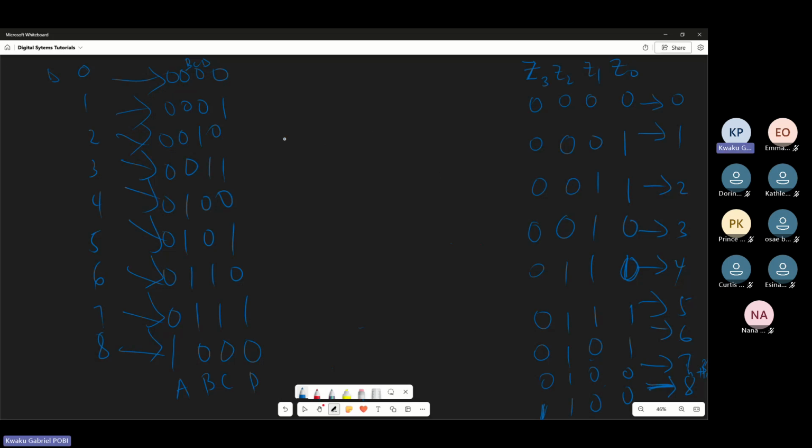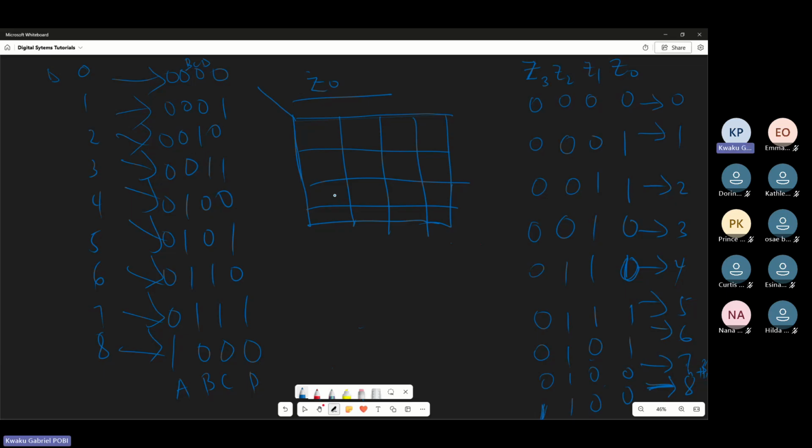Good. So here, if let's say you want Z0, Z0 will be actually a 16-cell K-map, or let me say a 4-bit K-map. But the rest, we don't know, so we can use don't cares to replace them. Then let's denote the inputs as A, B, C, and then D. So A, B down here, C, D up here.